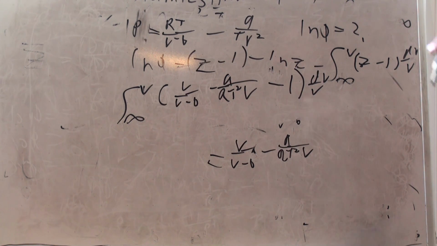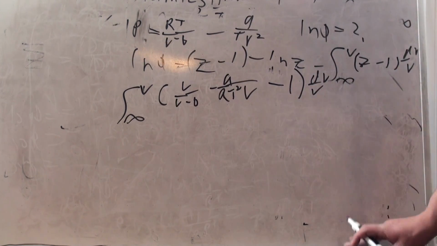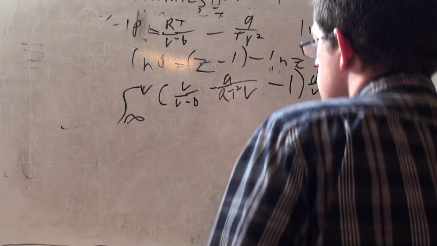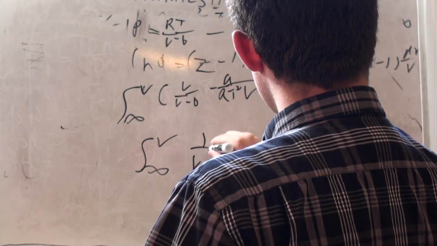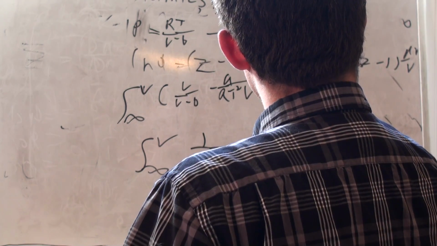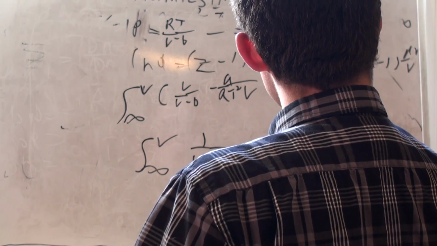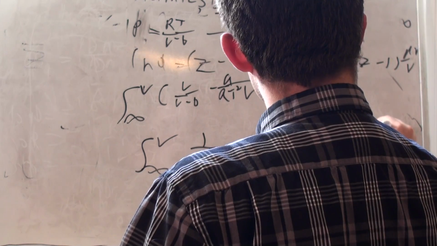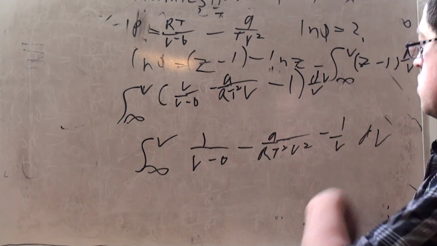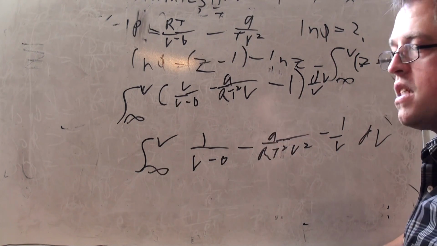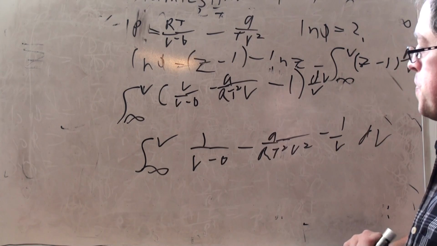I'm going to divide that v out, and then do my integral. So I've got the integral from infinity to v of 1 over v minus b, minus a over RT squared v squared, minus 1 over v, dv. I could combine these two terms, but I think that makes it messier, so let's not. We'll combine them later.